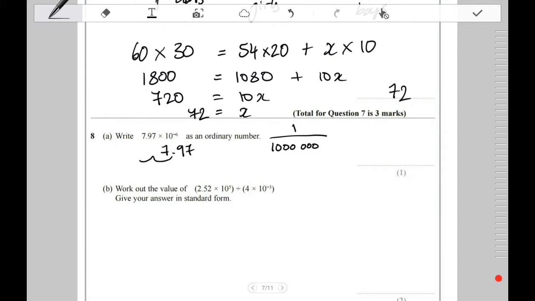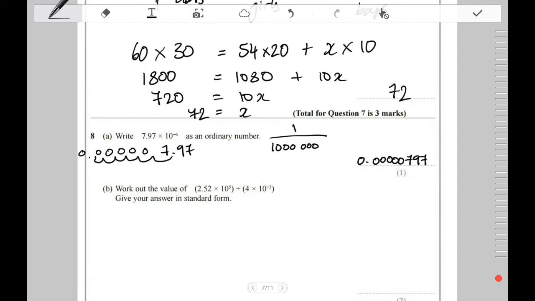So 1, 2, 3, 4, 5, 6. It'll be 0, decimal point, then 5 zeros, so 0.000000797. So that's the approach.